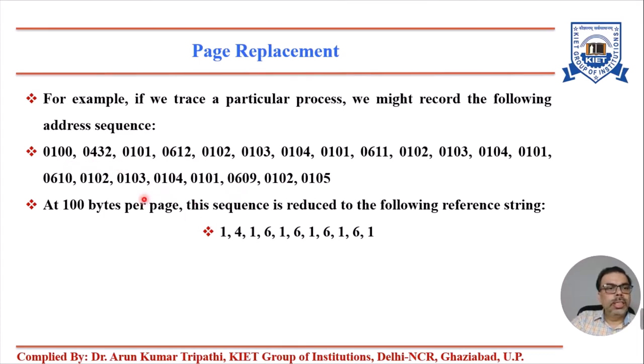Here the reference string starts with 1, then the address 4, then again 1, then 6, then 1, where 1 continues 1 1 1 1, then there will be 6, so we will take 6, then 1 1 1 1 1, so we will take a single 1, then 6, then again 1, and then 6, so we will consider 6, then 1. By this we can find out the reference string as follows.